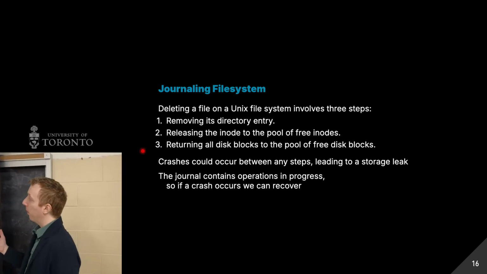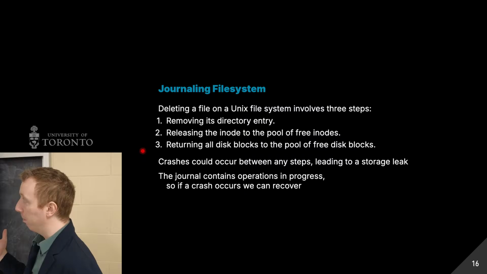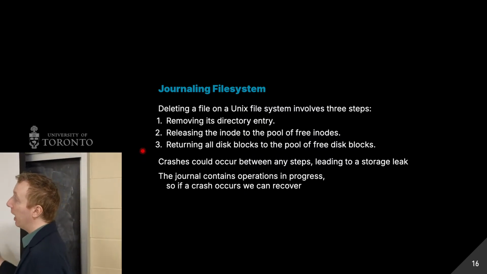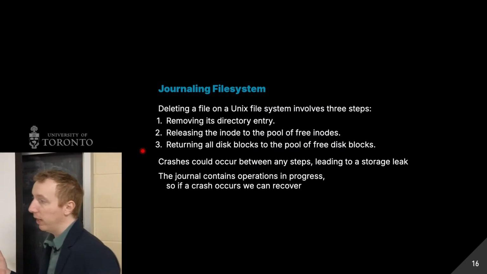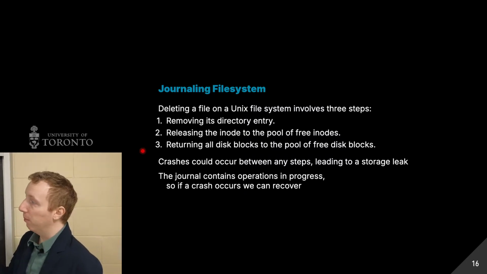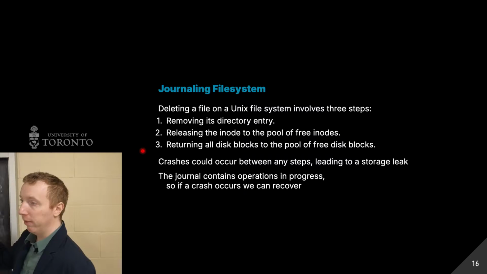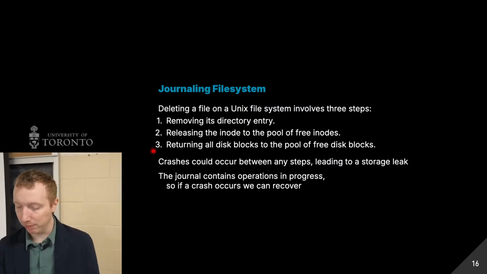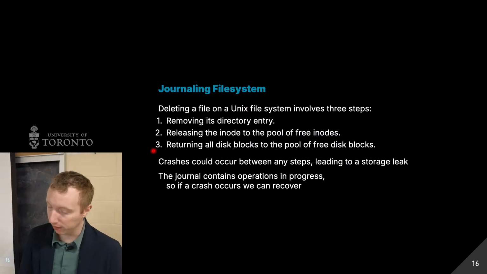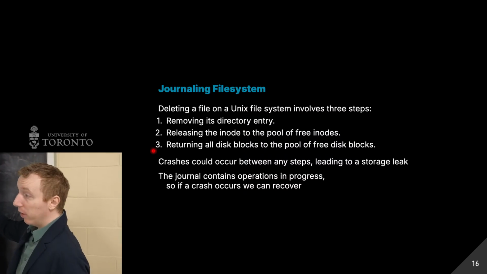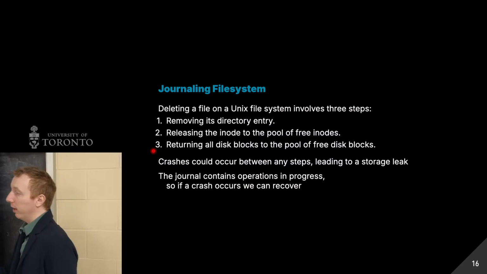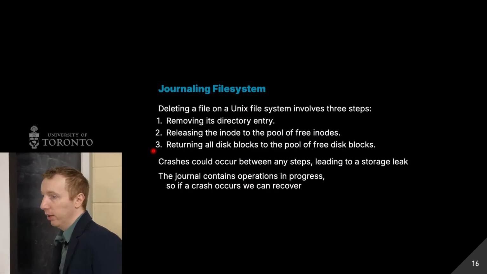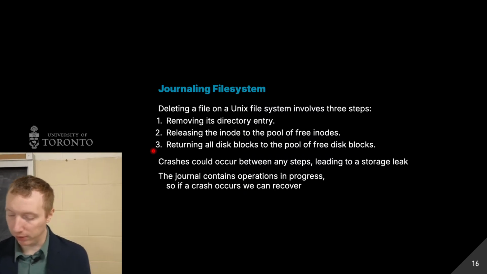And then if it crashes or power gets removed between any of these steps, it can look at the journal and be like, hey, I was in the middle of deleting a file, so I should go back, replay those 3 steps, and then I know what I need to do in order to make the file system correct again and consistent. After you've done all these 3 steps, you would remove that entry from the journal and say, hey, I've done this, it completed successfully, so there's no problem with this operation.